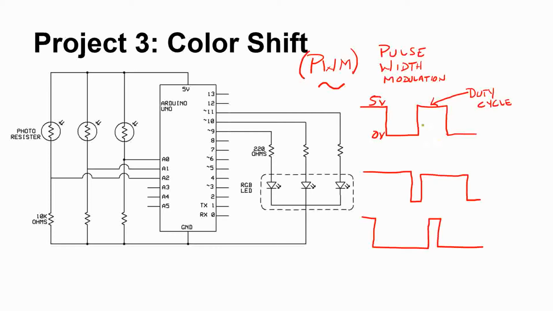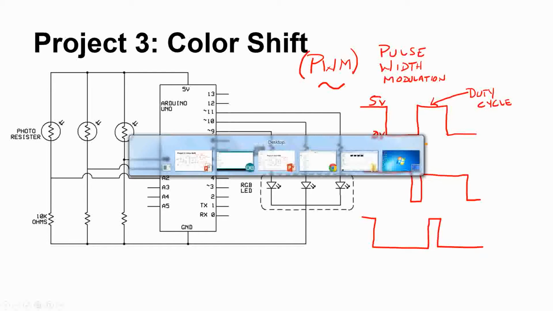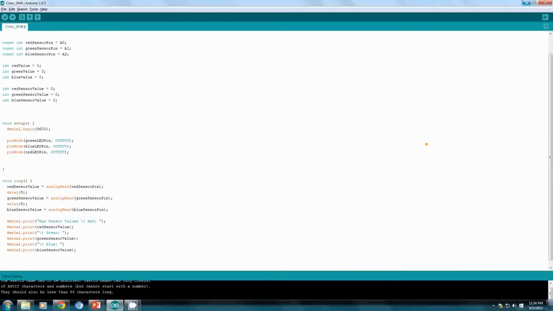And you can have duty cycles where the power is on for 100% of the time or 25% of the time.